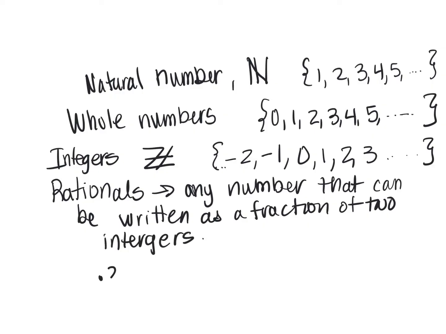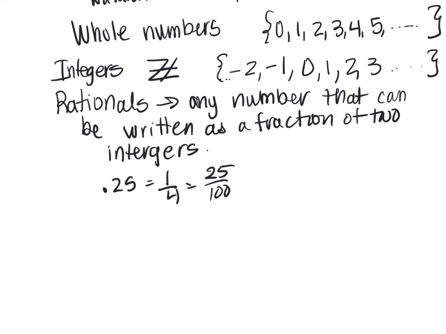So take 0.25. We know that can be written as 1/4. It could also be written as 25 hundredths, right? Any decimal that terminates or is repeating can be written as a rational number, as a fraction.